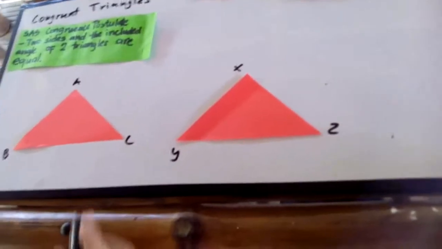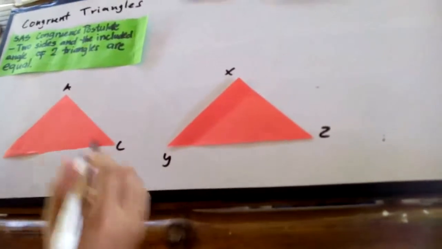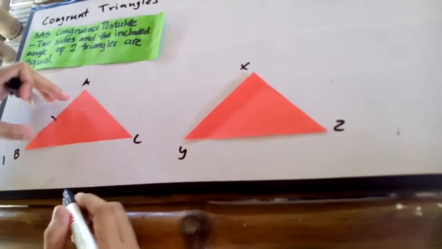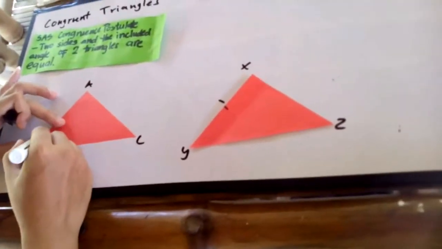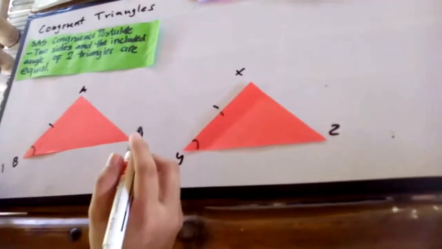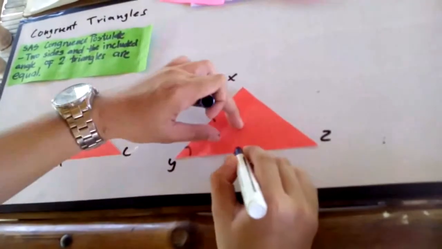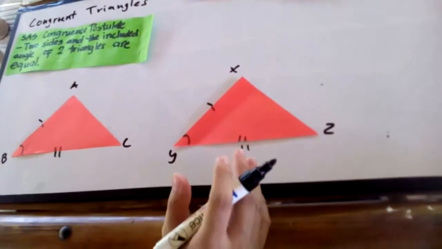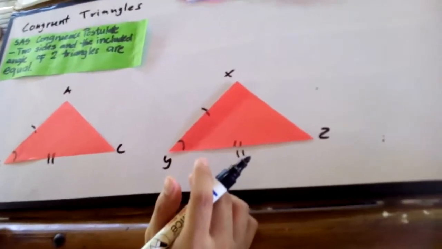Based on the definition of side angle side, we have to prove that side AB is congruent to side XY, angle B is congruent to angle Y, and side BC is congruent to side YZ. Then we can say, based on the side angle side congruence postulate, that these two triangles are congruent.